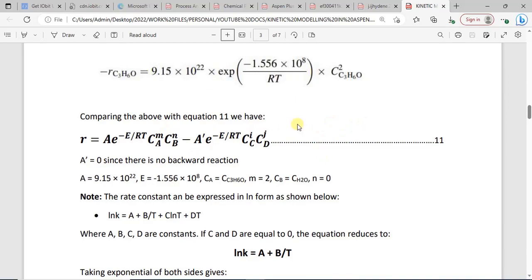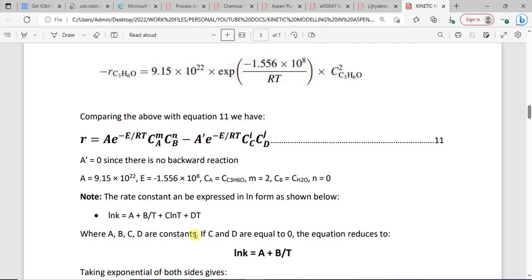your research sources, right? Now, another thing to take note of is the rate constant. The rate constant can be expressed in the form below. Sometimes they may give you your rate constant in the ln form. So you have ln k is equal to a plus b over T plus c ln T plus dT, and a, b, c, and d are constants.